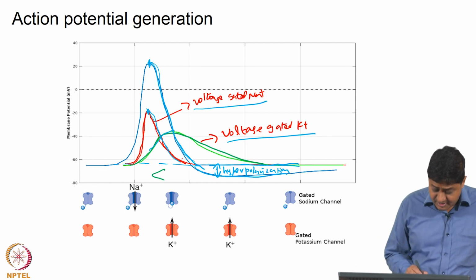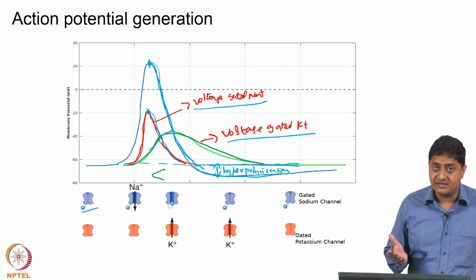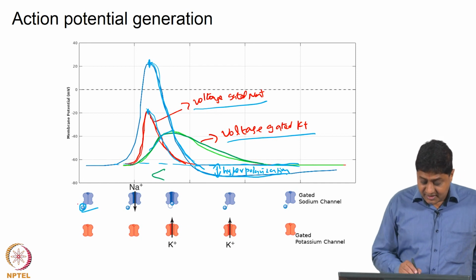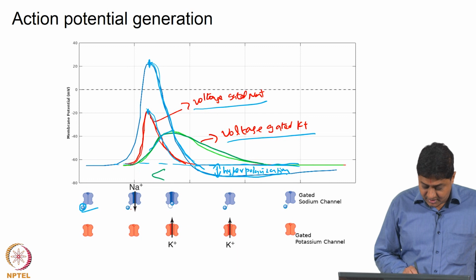So, what happens is that at rest the voltage gated sodium channel is in the rest state, basically the activation gate is closed and the inactivation gate is open like this. As soon as threshold is reached, the activation gate opens, leading to a lot of sodium entering the cell. But slowly the inactivation gate is trying to close.